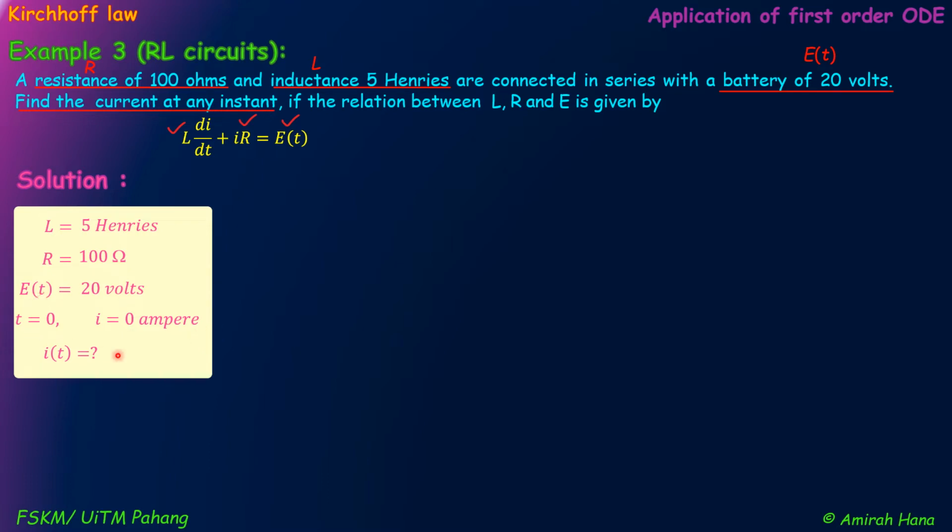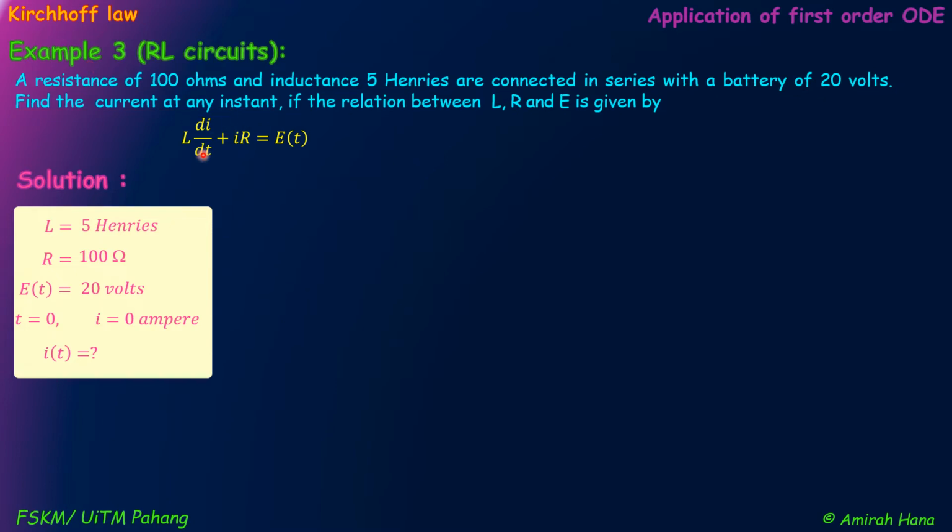This initial condition is to find the value of C after integration, because after we integrate using indefinite integral, we need to put plus C at the back, and to find the value of C, we use this initial condition.